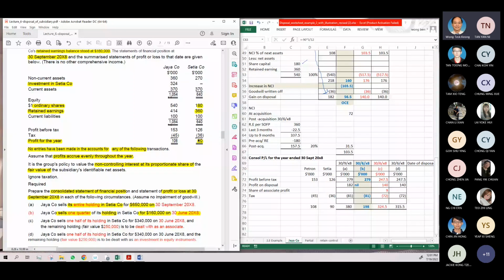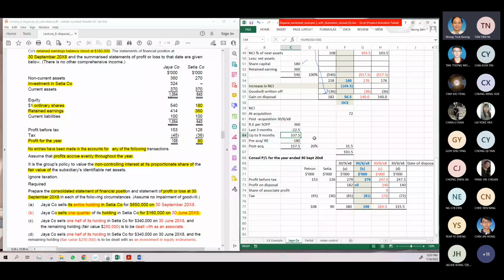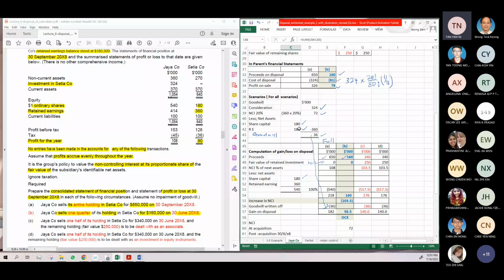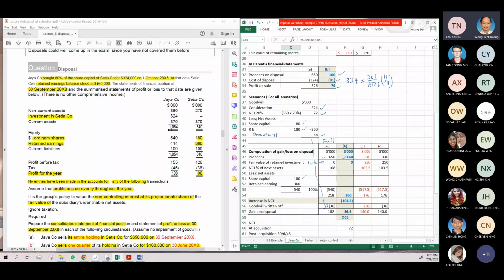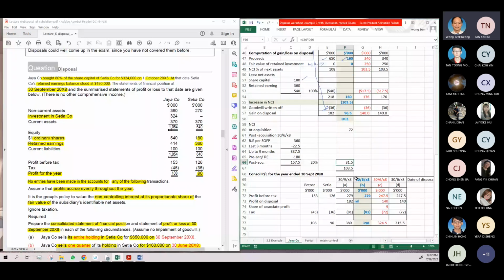So 360 minus 22.5 is 337.5. Then you minus your 180 pre-acquisition profit, so you get the post-acquisition profit, given here under retained earnings. You get the balance post-acquisition profit of 157.5. So 20% of the NCI sold off, 1/4 of the 80%, gives 31.5. The cumulative NCI, acquisition plus post-acquisition profit, is 103.5.